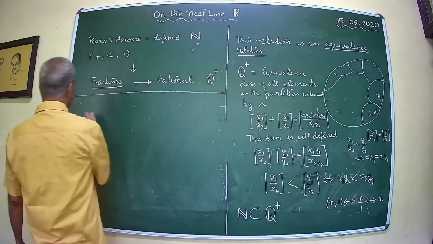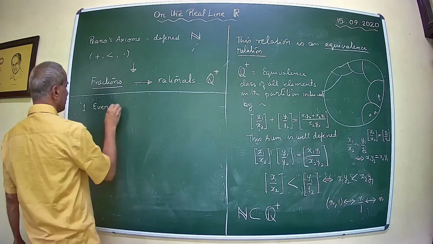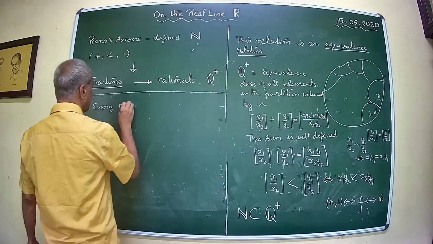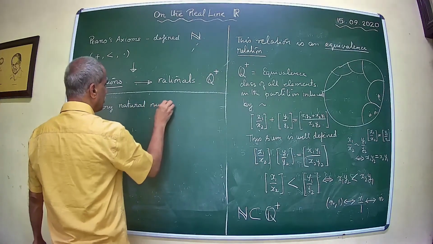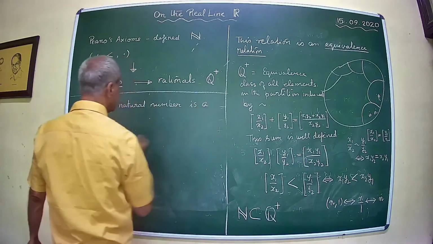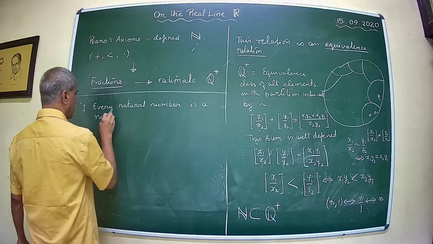So the first one is: every natural number is a rational.